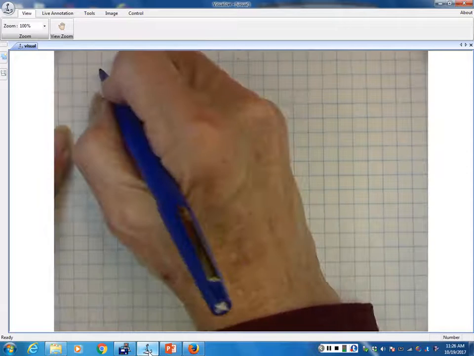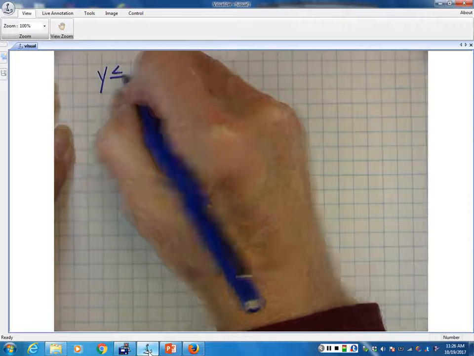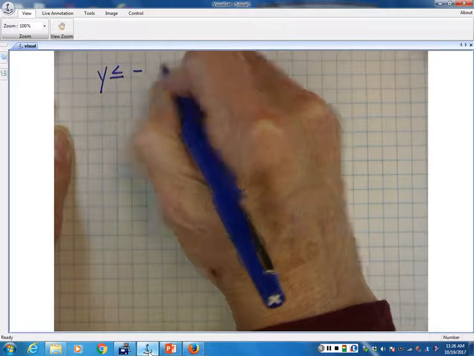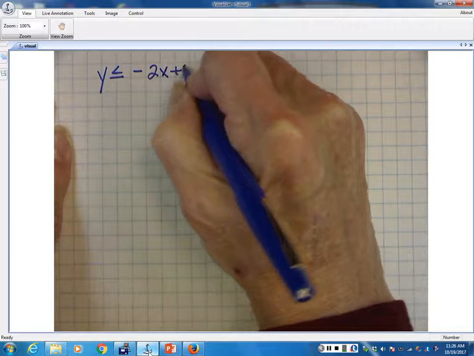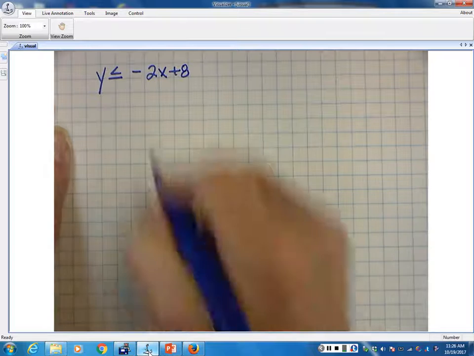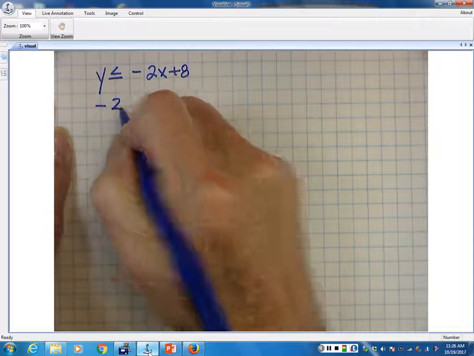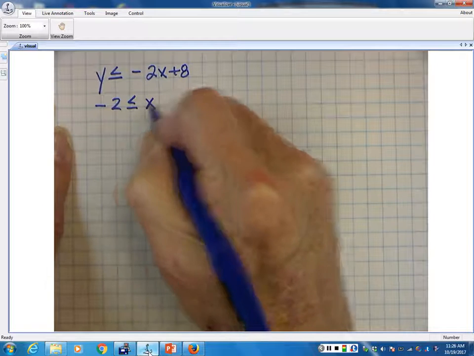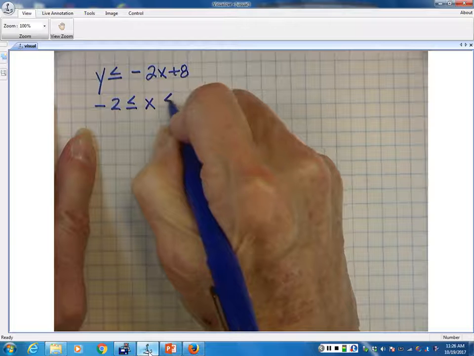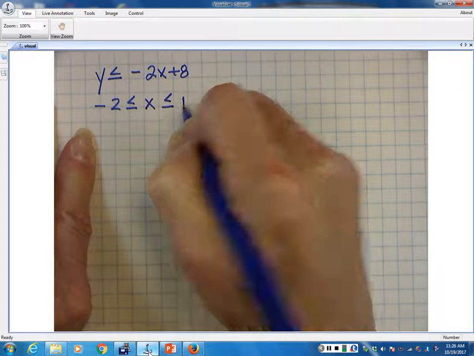So we're graphing y is equal to or less than negative 2x plus 8. And then we're also going to graph negative 2 is equal to or less than x is equal to or less than positive 1.